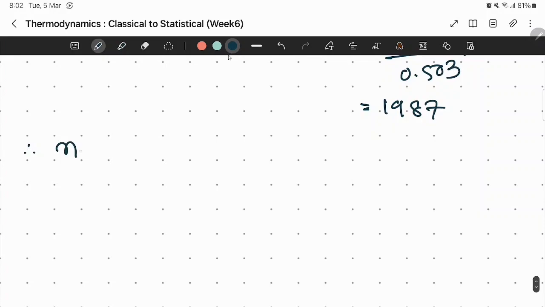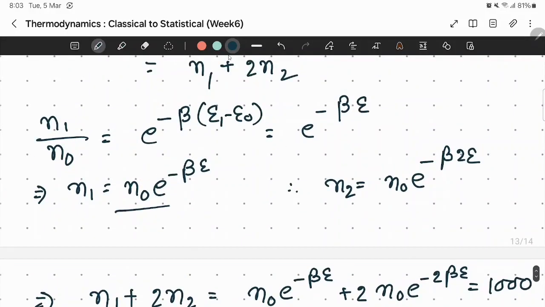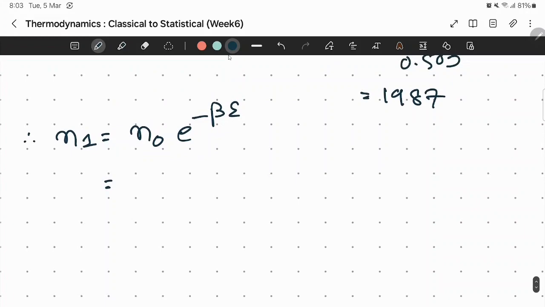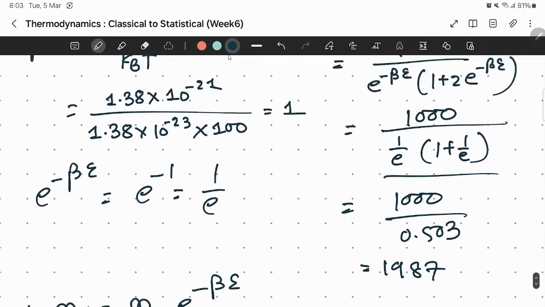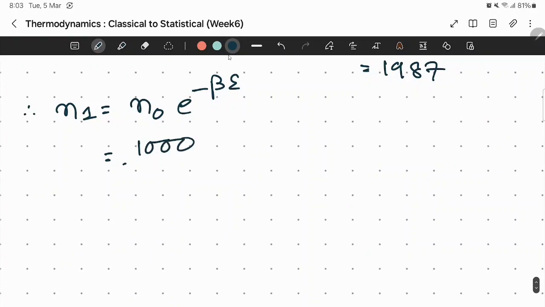So what will be the N1? N1 is N0 into e to the power minus beta epsilon. So this is the N0. So it is 1000 divided by 1 by e into 1 plus 1 by e.